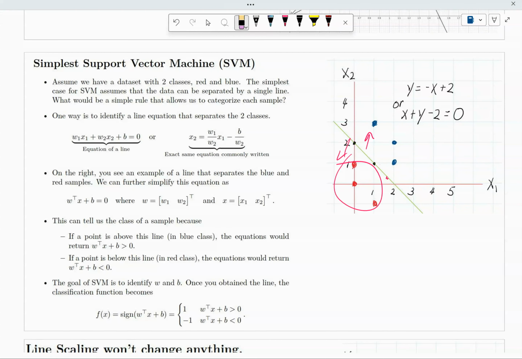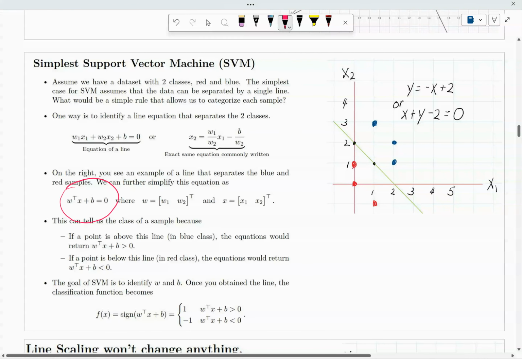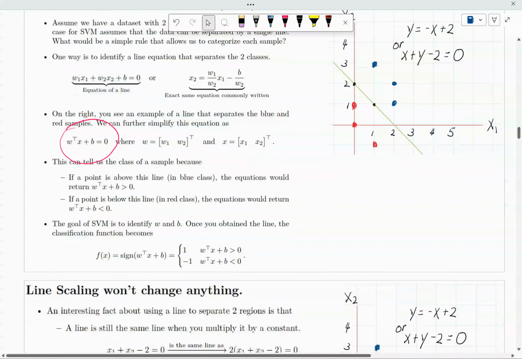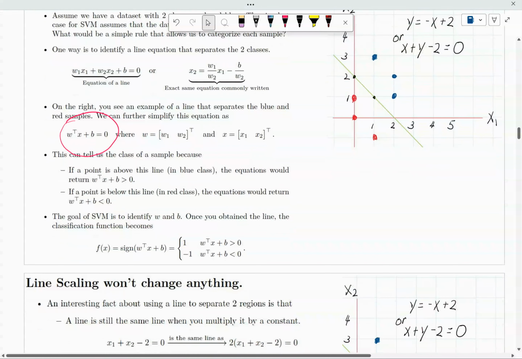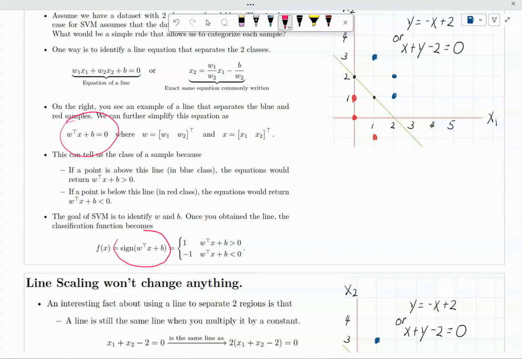Okay, so the fact that we can simply look at whether this is positive or negative, greater than or less than 0, essentially allows us to identify if a point belongs to one class or the other. Therefore, if we can identify an ideal line, then we simply can use the sign function.